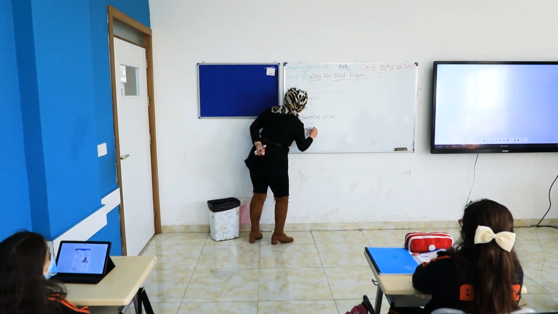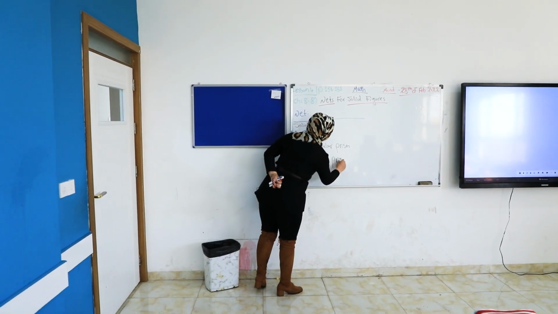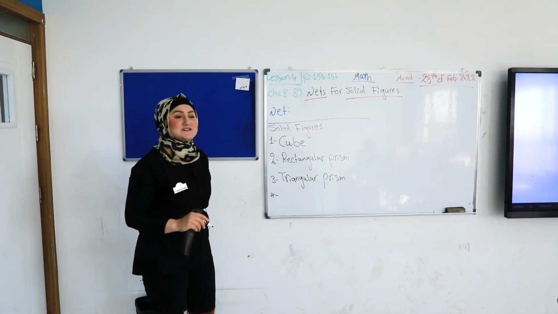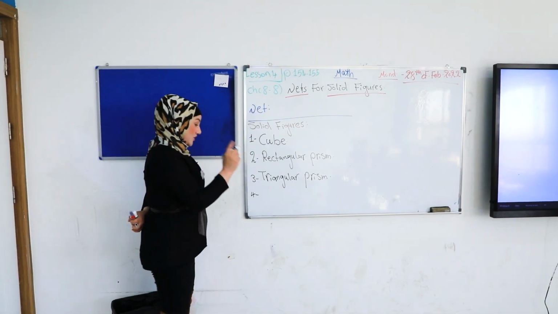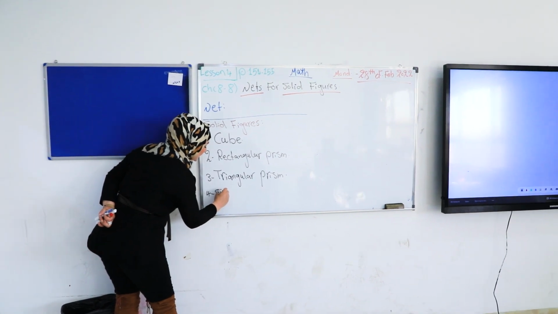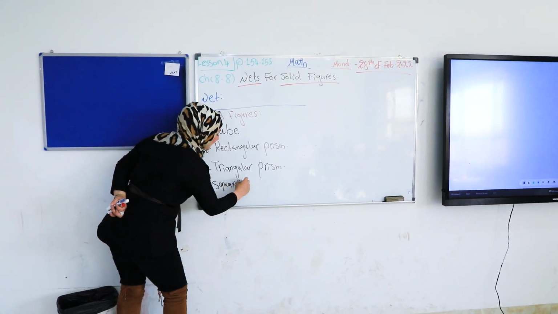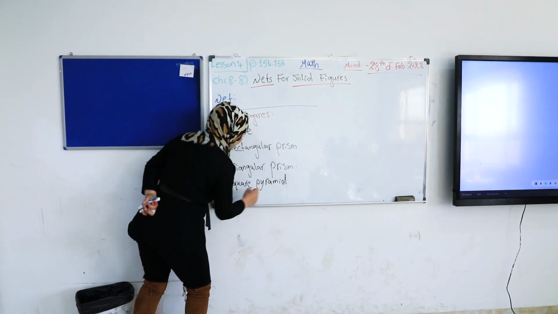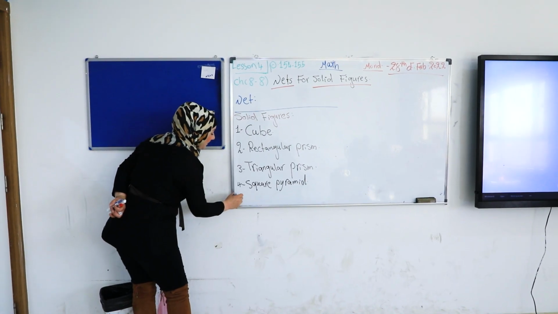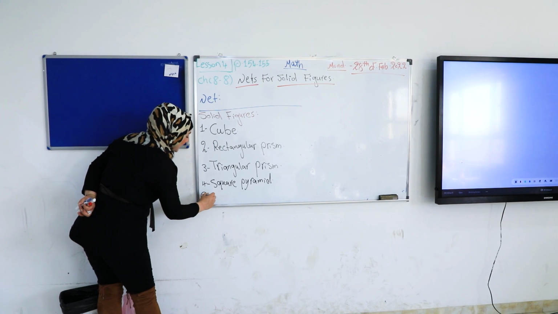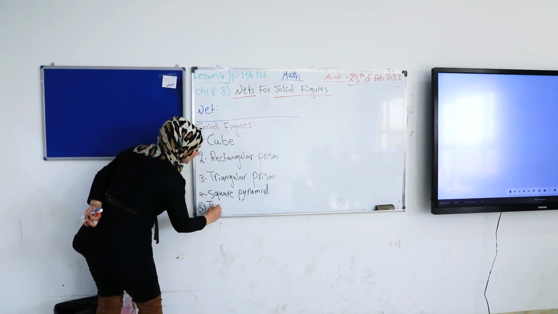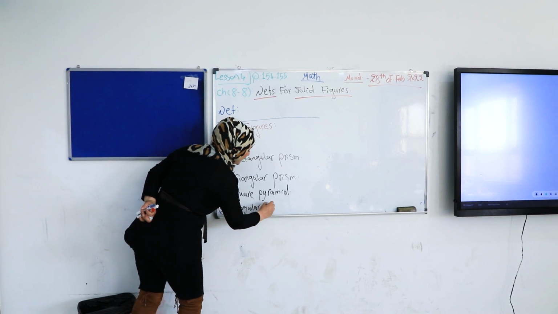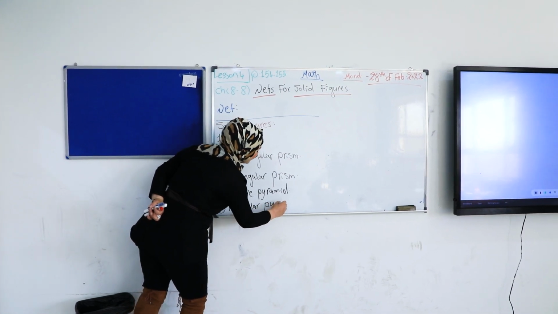Triangular prism. The fourth one in here is the square pyramid. Square pyramid. See, it's not a prism, it's a pyramid. And the fifth one is the triangular pyramid, not prism.